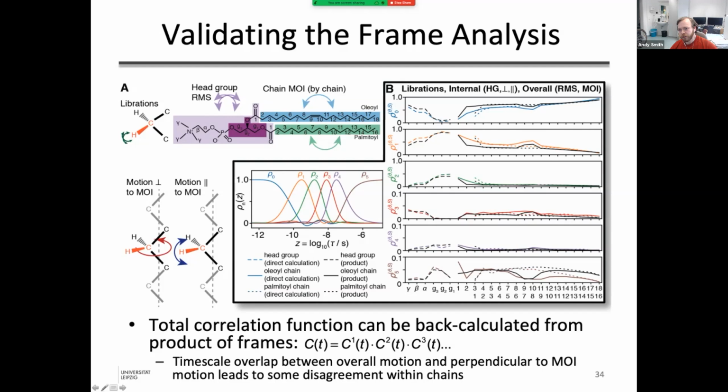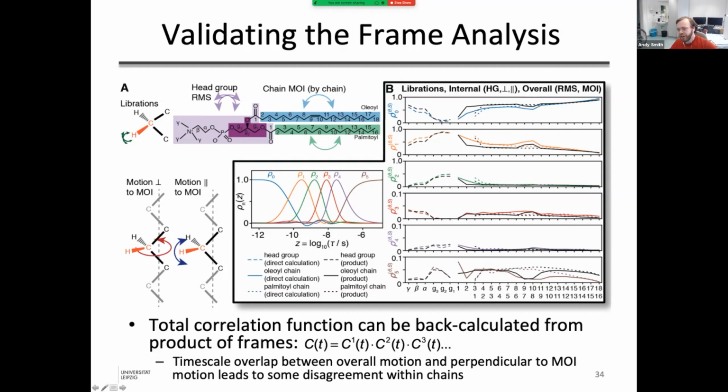First of all, the overall motion shows some really fast components. And that creates a problem that for those very fast components, we're probably using the wrong tensor shape, right? Because the tensor is reorienting, especially due to that perpendicular motion, that rotational motion. And so we don't quite get the tensor shape right. And then the second question is, is that fast motion real?